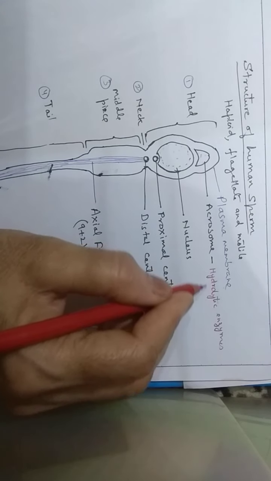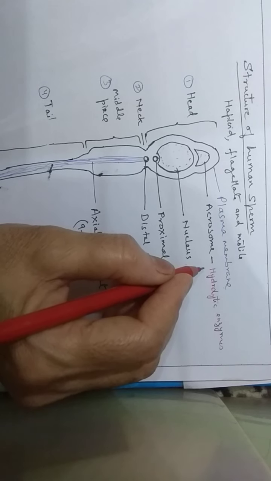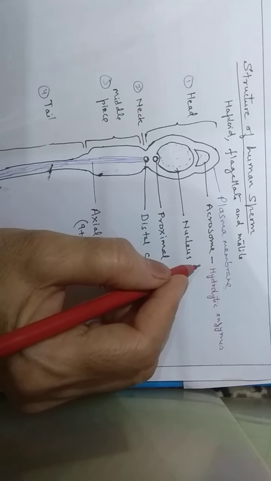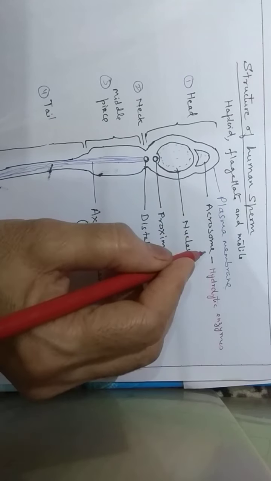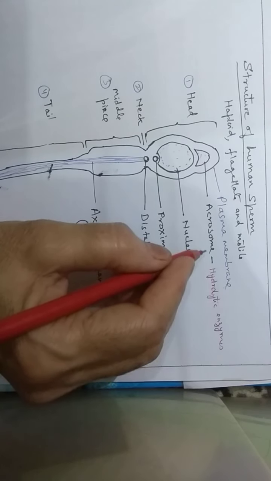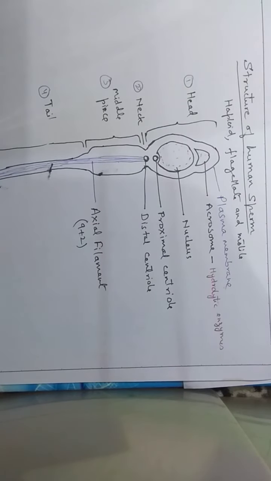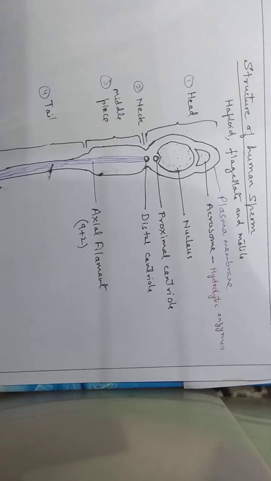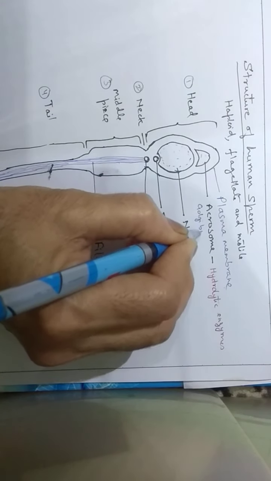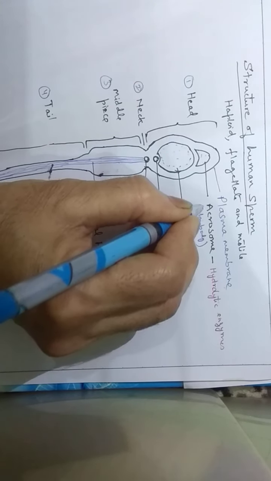Actually, these acrosomes are derived from the Golgi body, so they secrete these enzymes.